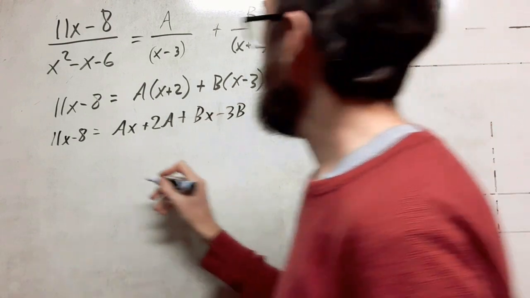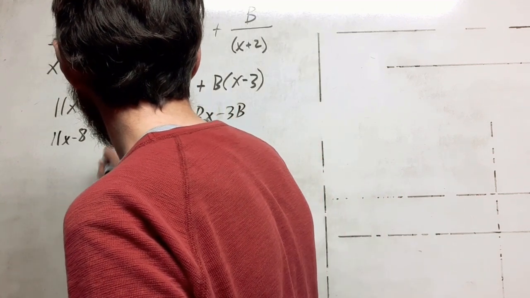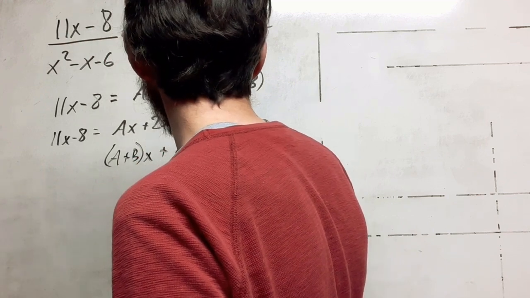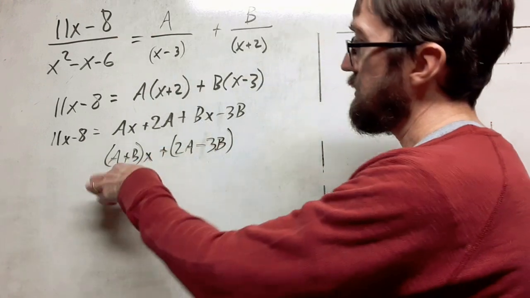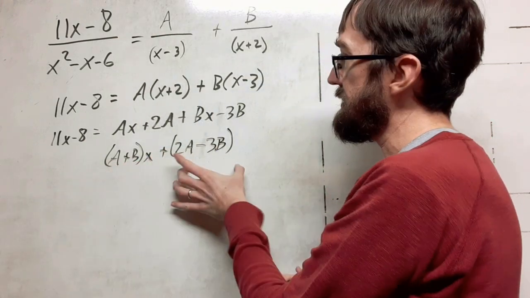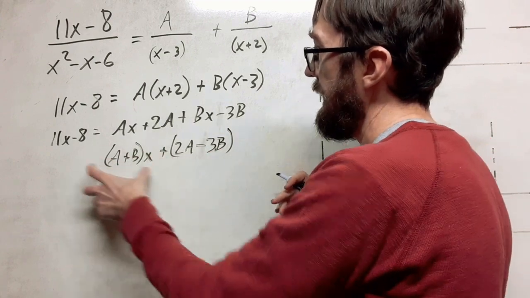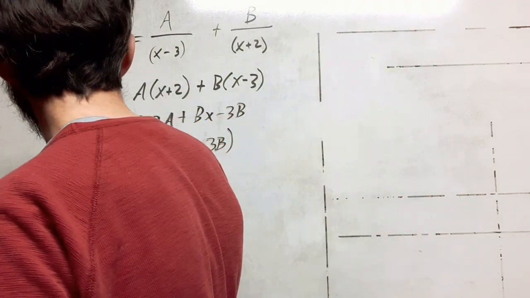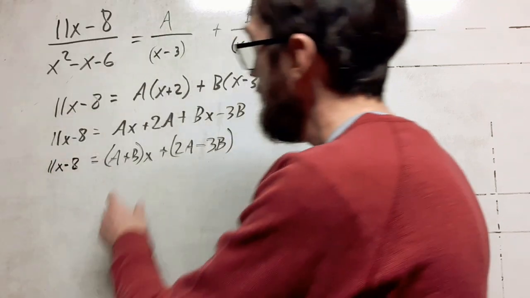And then regrouping, we have (a plus b) x plus (2a minus 3b). So I've factored out the x here, and then I've associated these 2 things because I want to look at how these 2 things compare over here. This is, again, still equal to 11x minus 8.